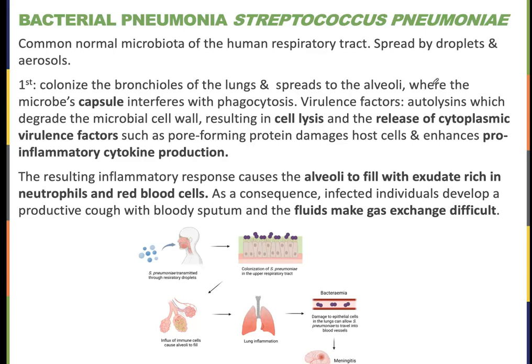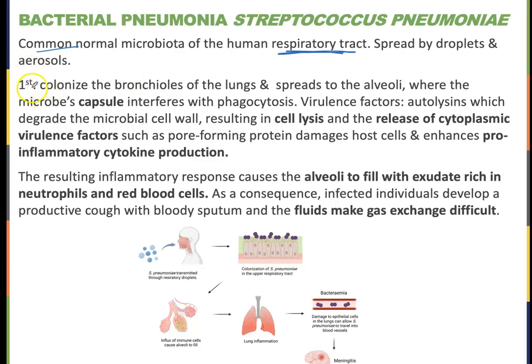All right, now on to our bacterial pneumonia, which is Streptococcus pneumoniae. It's really nice that it's named after a disease that it causes. And like any pneumonia, it is caused by respiratory droplets, by bacteria in the respiratory tract. This is very common normal microbiota, and of course, it causes infection when it overwhelms the lungs' immune system.